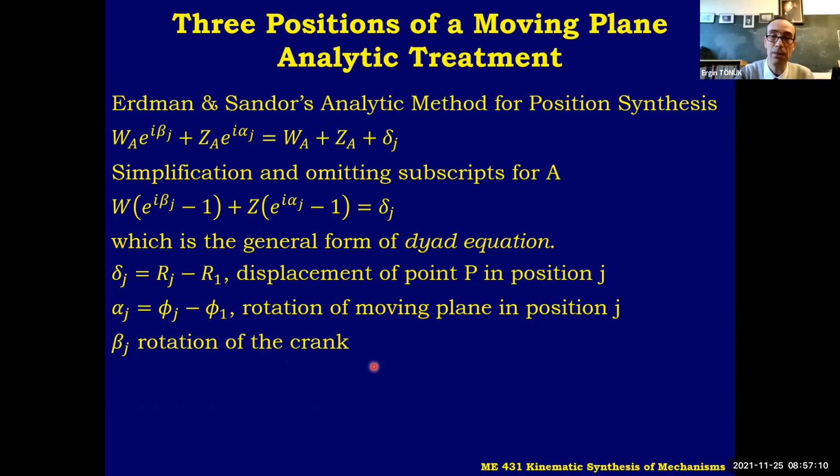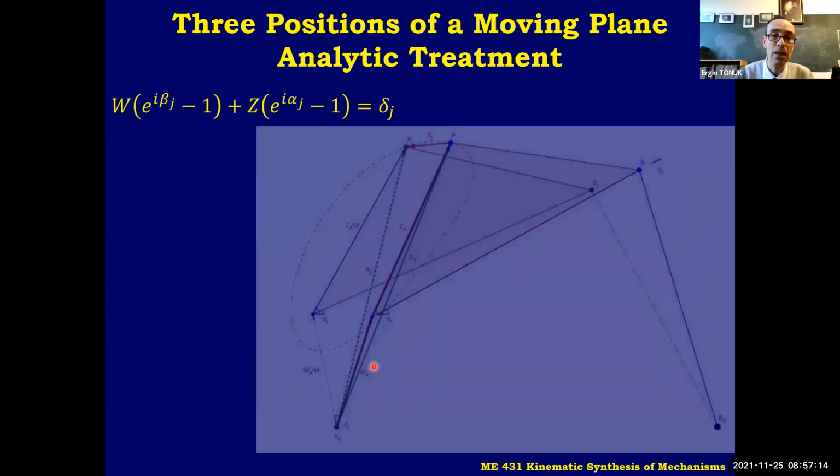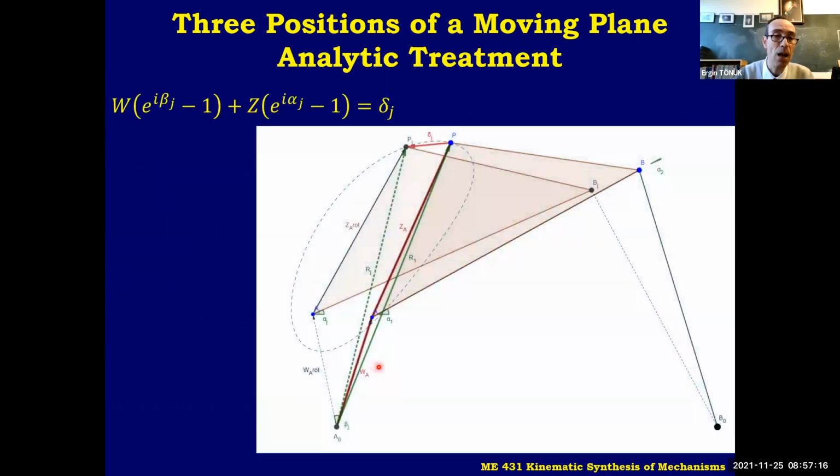So, actually, if you like, this is another figure where this green vector is R1. It is the position vector of point P in position 1. And this dotted Rj is the position vector of point P in position j.